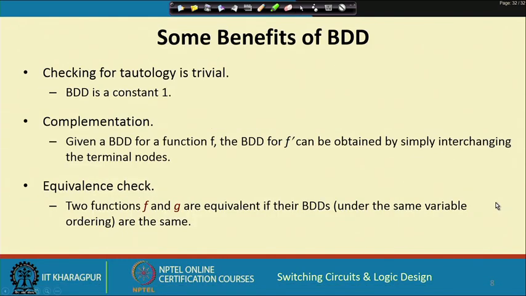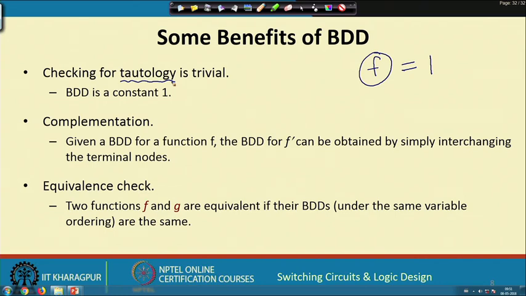So, some benefits of ROBDD are pretty straightforward to understand. You have a function f. Now, I want to check if the function is equal to 1 for all assignments of input variables. Such a function is called a tautology.